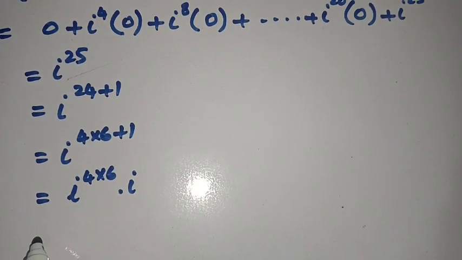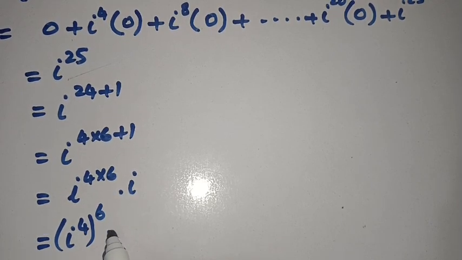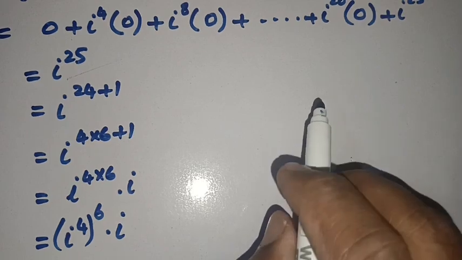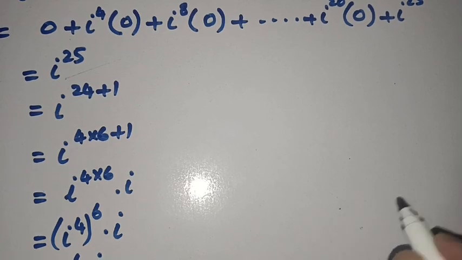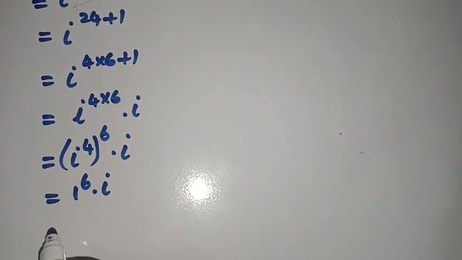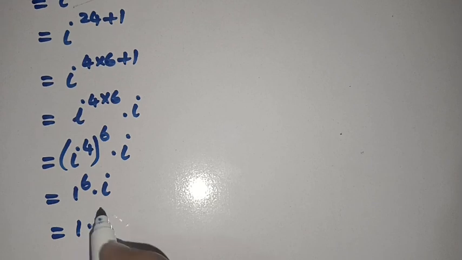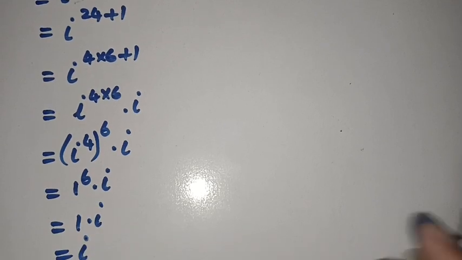And i to the power of 4 into 6, I can write as i to the power of 4 whole to the power of 6, into i. As we know, i to the power of 4 is equal to 1 here. So 1 to the power of 6 into i, and 1 to the power of 6 is 1, into i. So here it is i.